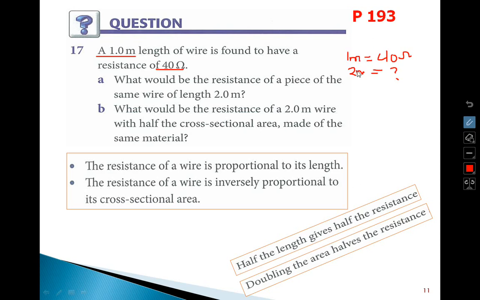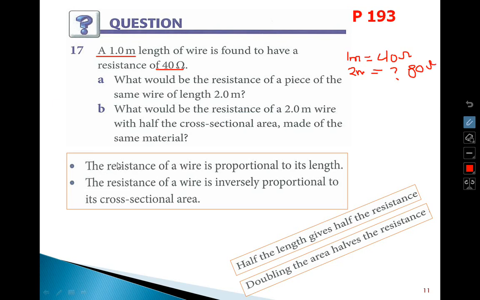So doubling the length, we have double resistance. So the value of R is what? 80 ohm.